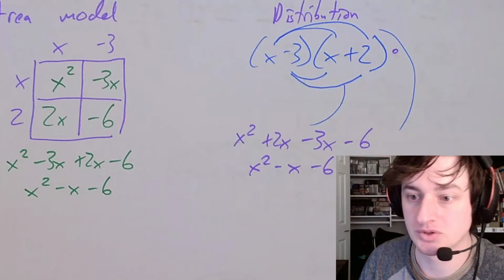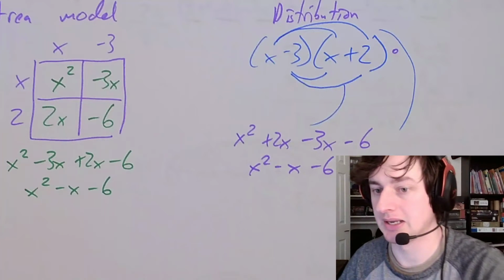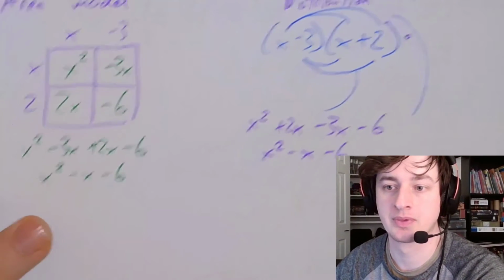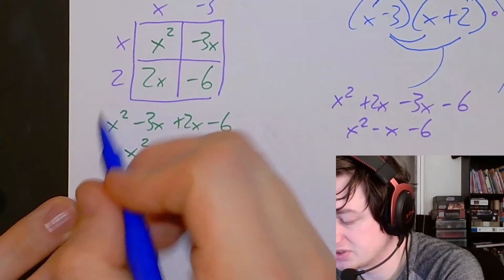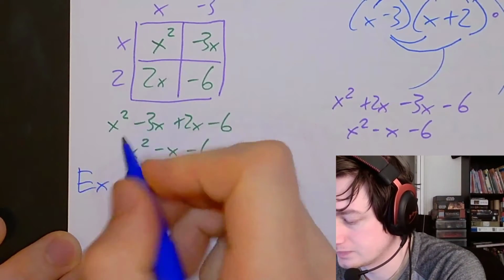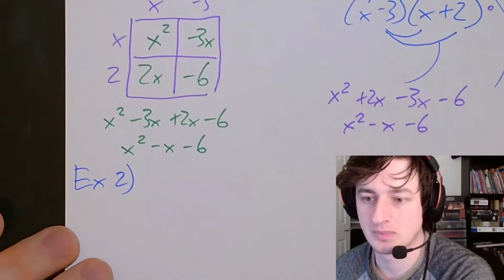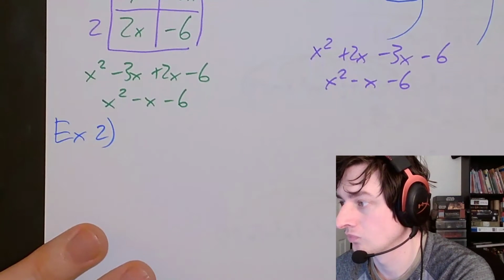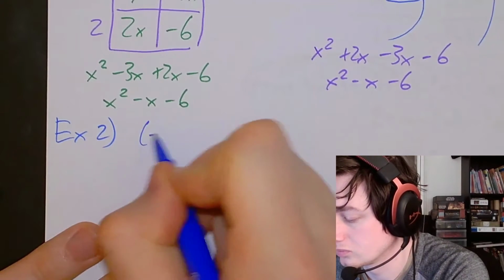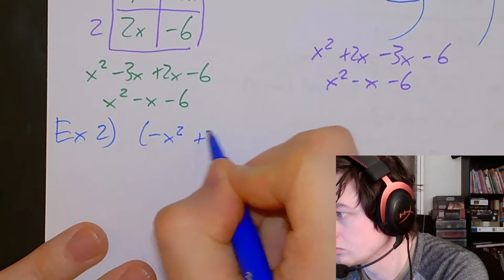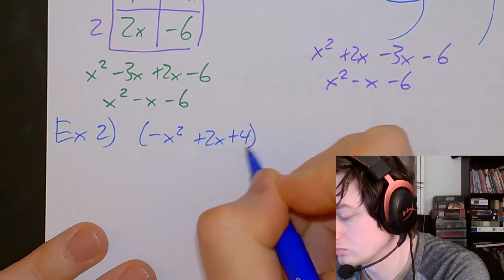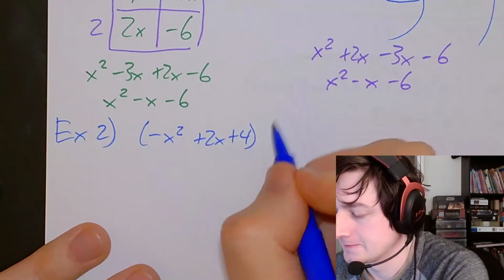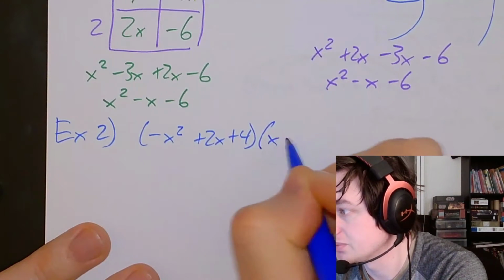All right. So let's do an actual example like we would see on the homework possibly, or on the quiz. So this is going to be times x minus 3.